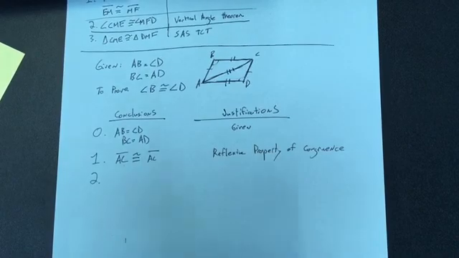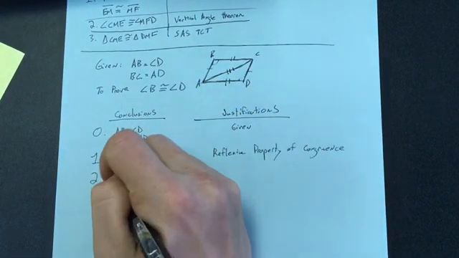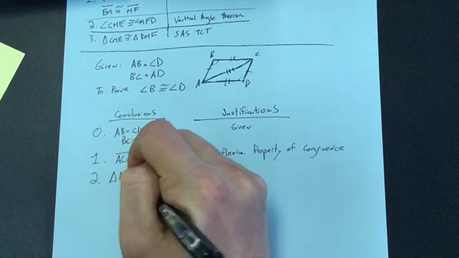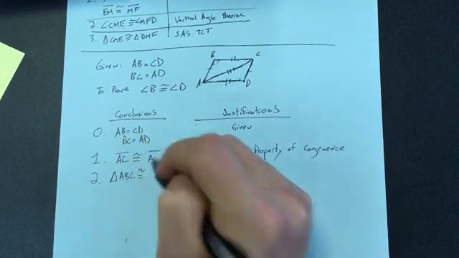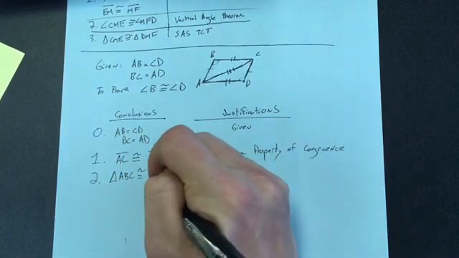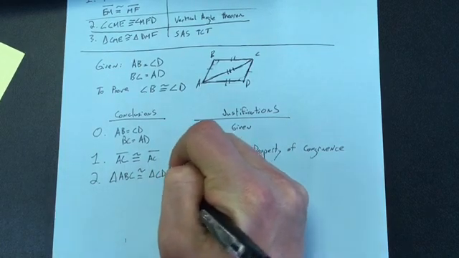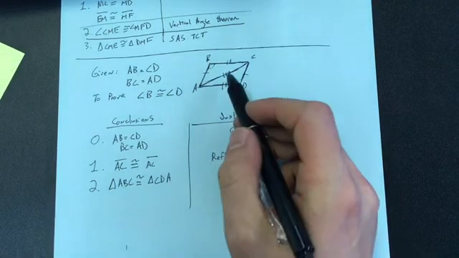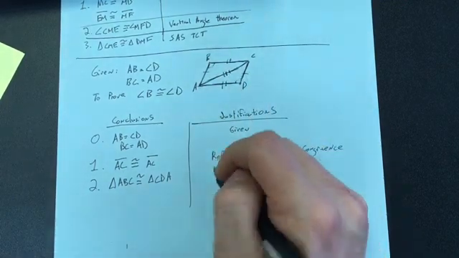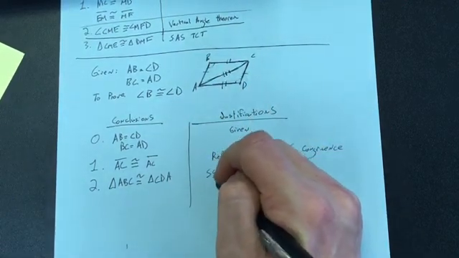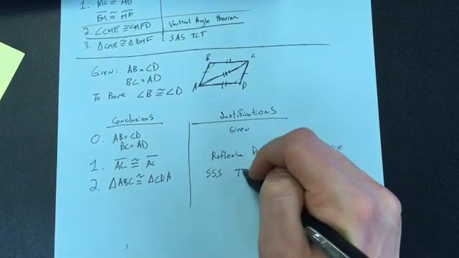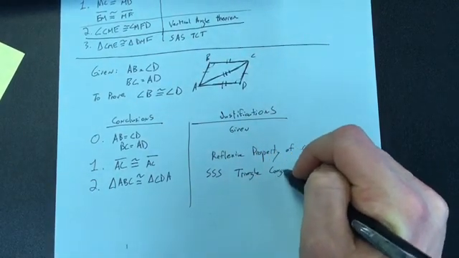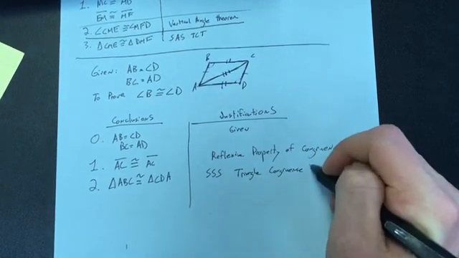So number 2, I'm going to go ahead and say that triangle ABC is congruent to triangle CDA. And this uses what kind of triangle congruence proof? I've got side, side, side, and side, side, side. This is the SSS triangle congruence theorem.